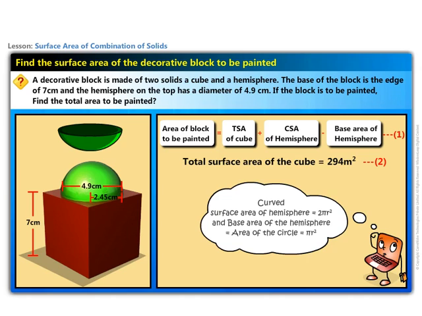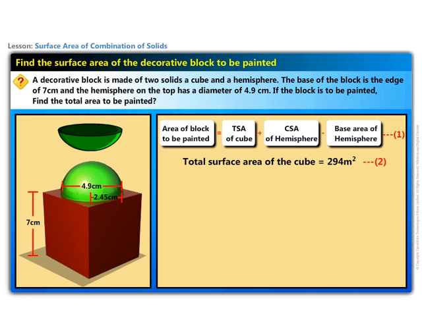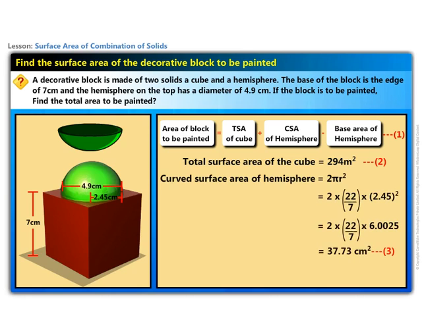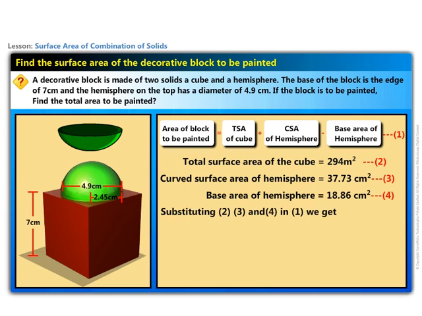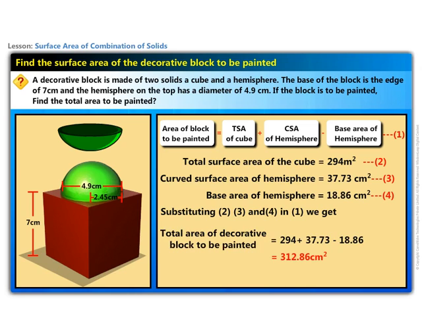We know that the curved surface area of a hemisphere is 2πr², and the base area of the hemisphere is equal to the area of the circle, which is equal to πr². Substituting the known values and simplifying, we get the curved surface area of the hemisphere equal to 37.73 centimeters square and its base area equal to 18.865 centimeters square. Now, substituting the computed values of areas in equation 1, we get the total area of the decorative block to be painted as equal to 312.86 centimeters square.